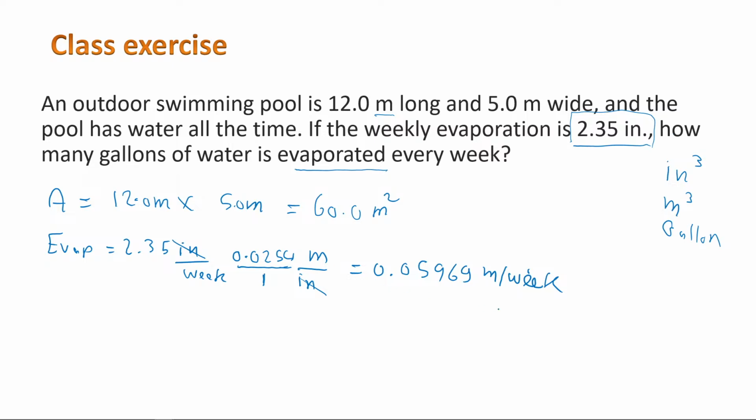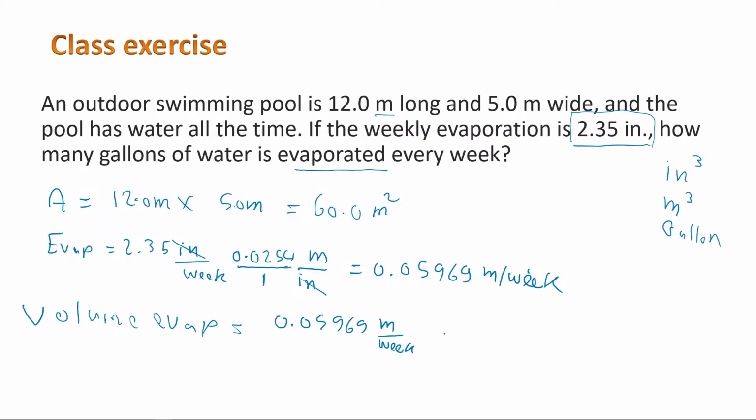So now the volume evaporated would be equal to the area times the evaporation rate, from this area per week. So the evaporation rate is 0.05969 meter per week.